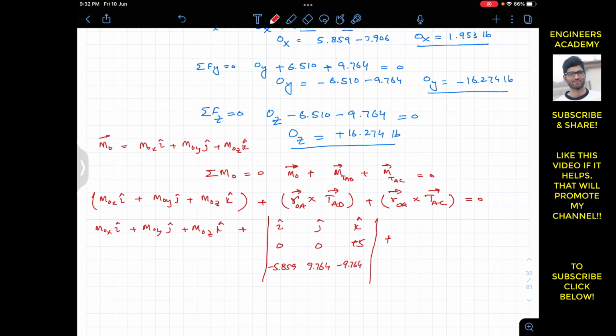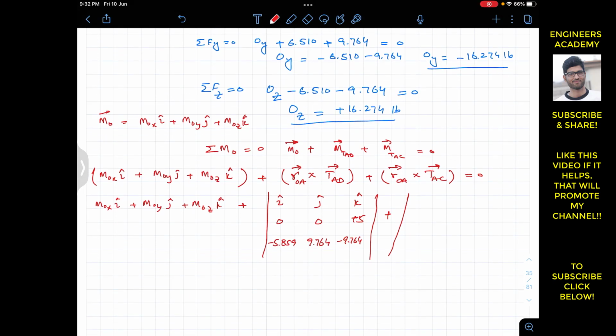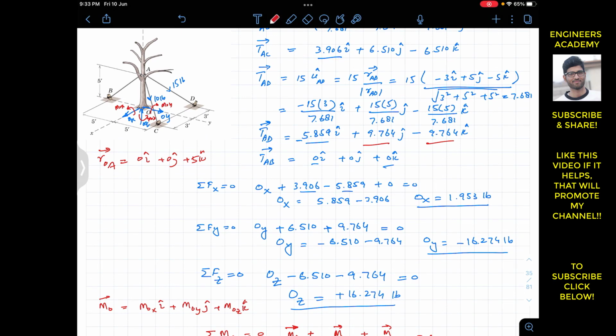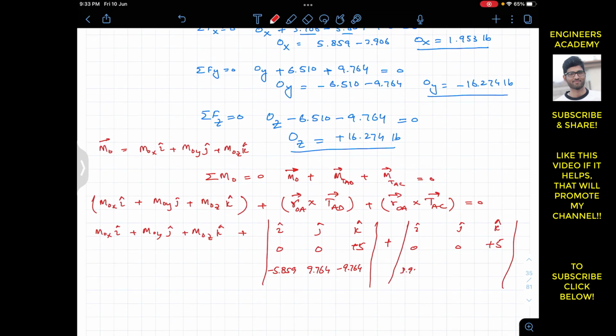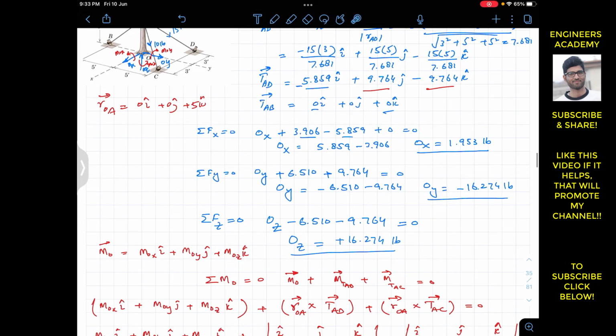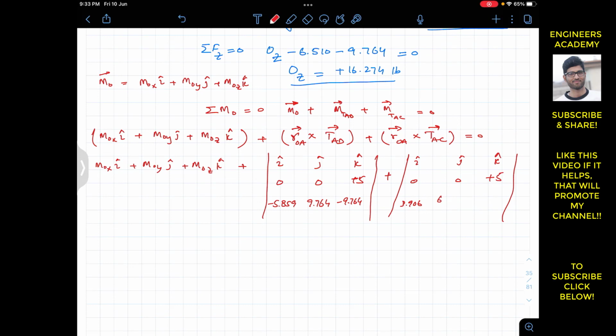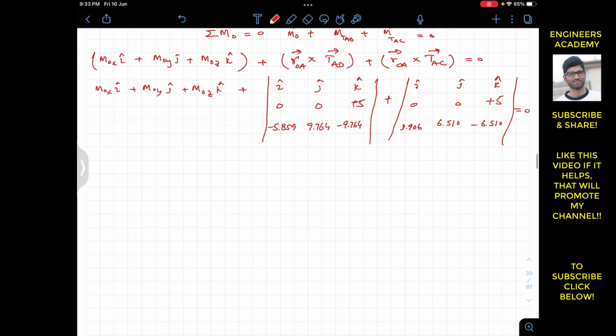And then plus the moment of the tension in AC, so that is i, j and k, and this is 0, 0, plus 5, and for TAC we have to write 3.906, 3.906, and then 6.510, 6.510, and minus 6.510. So this is equal to 0. So we will have the same moment about point O.